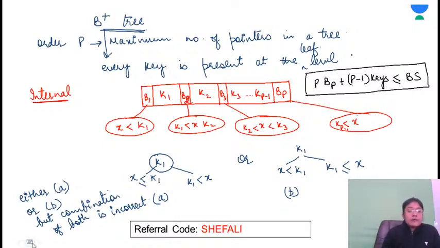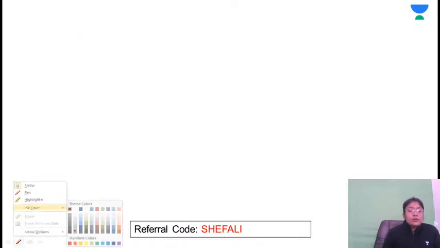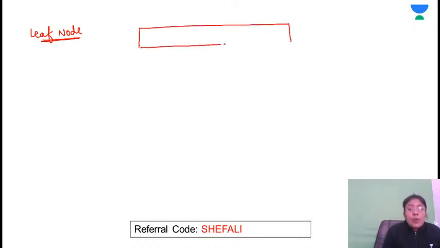Now, next we have the structure of the leaf node. In the previous case, there was no block pointer, but here one node will be pointing to the next node. So one block pointer is there. With every key, the remaining block pointers will be null.